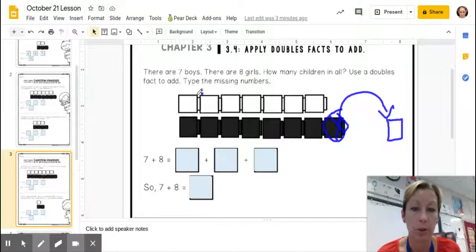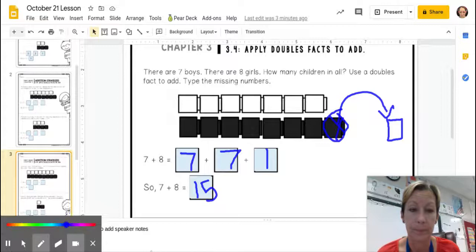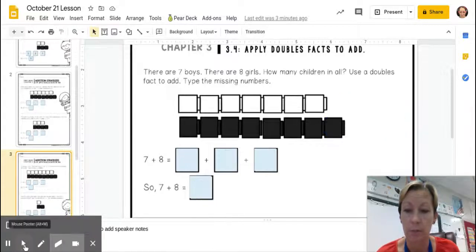So now look at your picture. You have 7 plus 7 plus what? Plus 1 more. If 7 plus 7 is 14, 1 more makes 15. So 7 plus 8 is 15. All right, let's go to the next problem.